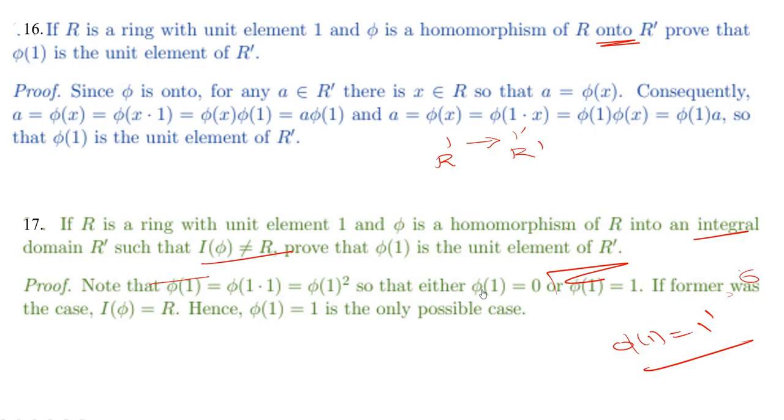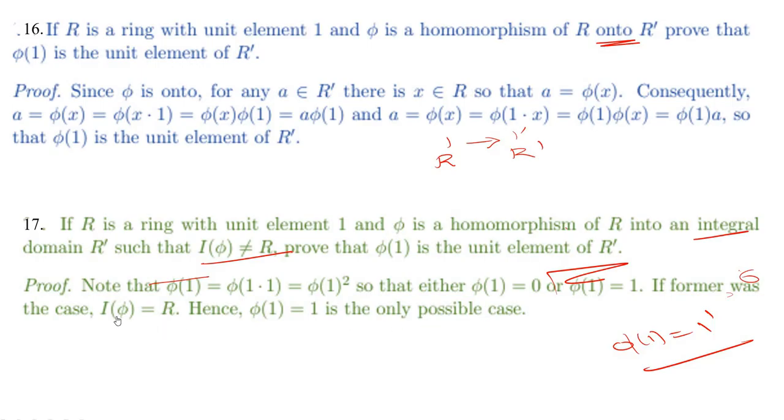So we have either phi of 1 to be 0 or phi of 1 should be equal to 1 prime. If the former was the case, then the kernel of phi should be the whole of R, because when we consider phi of 1 itself to be 0, phi of any element a will be 0.